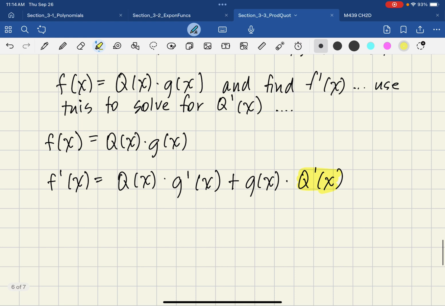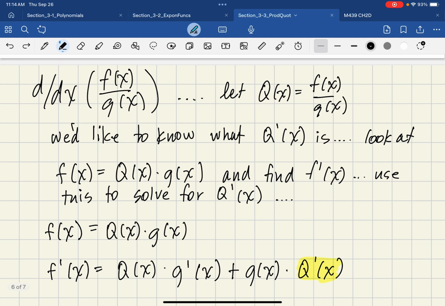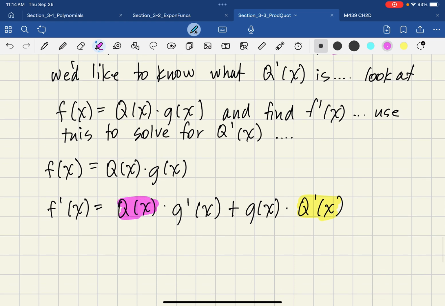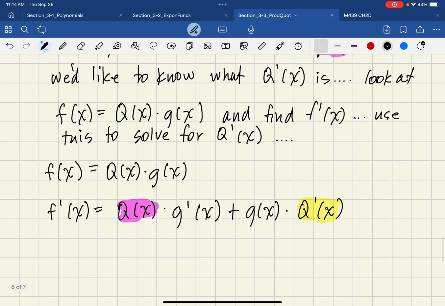So the first thing we could do is replace q of x with what we know it to be. q of x is the same thing as f of x over g of x, so I can replace q of x with f of x over g of x. Let's do that first.